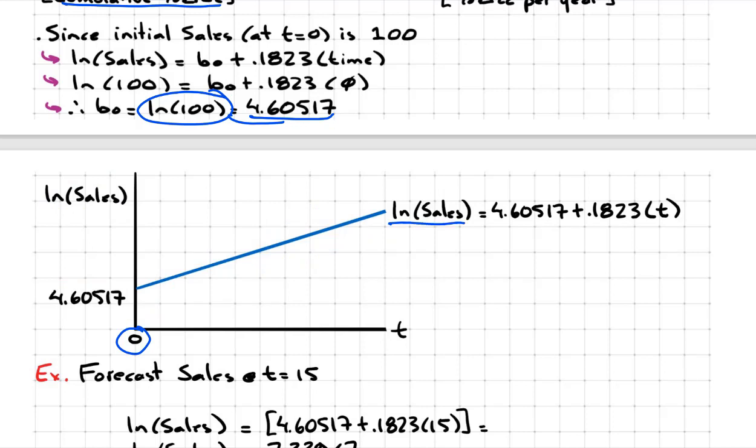The ln of sales, which is the cumulative percentage change in sales, is equal to the intercept term, which is based on what sales was at t equals 0, plus 0.1823. And 0.1823 tells you what the percentage change in sales is per year.